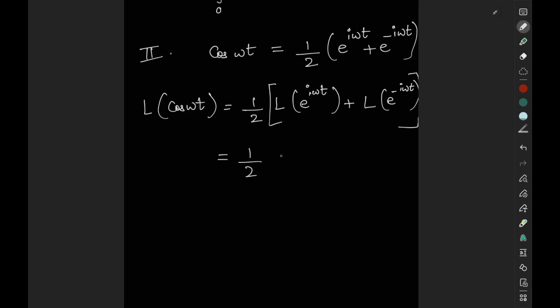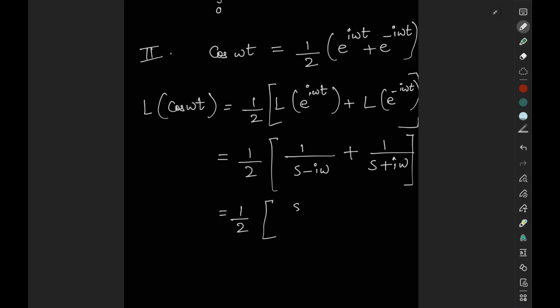This will become 1 upon 2 times 1 upon s minus i omega, since the Laplace of e to the power at is 1 upon s minus a, plus 1 upon s plus i omega. Solving the terms, we get s plus i omega plus s minus i omega, and in the denominator we get s square minus i square omega square.